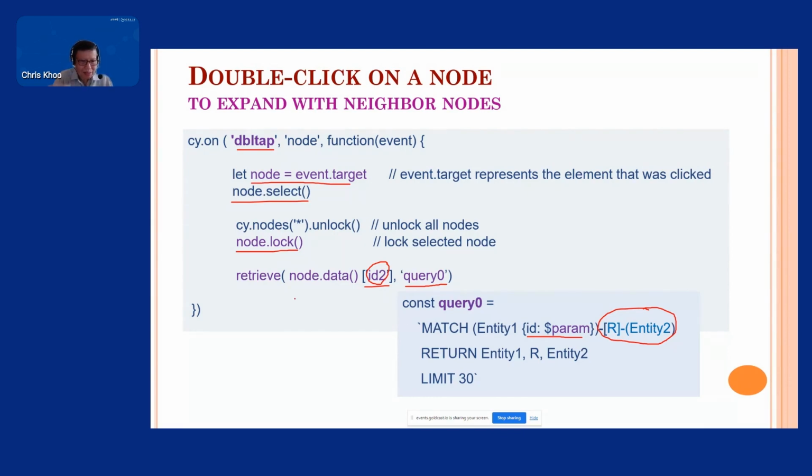And this will then add this new information to the graph. So I use retrieve, and then I indicate the node that was double clicked on, and then my own ID2 is submitted as a parameter to this query 0, and that will retrieve the related nodes.